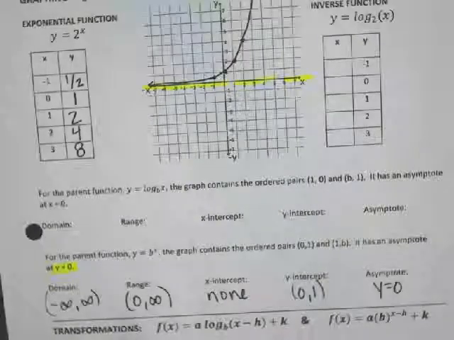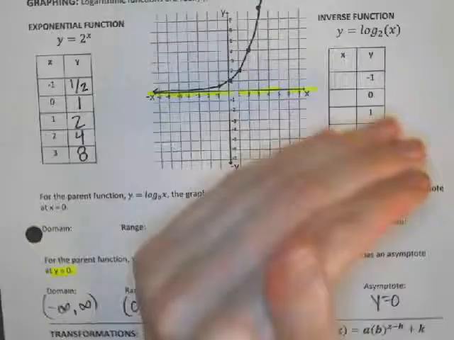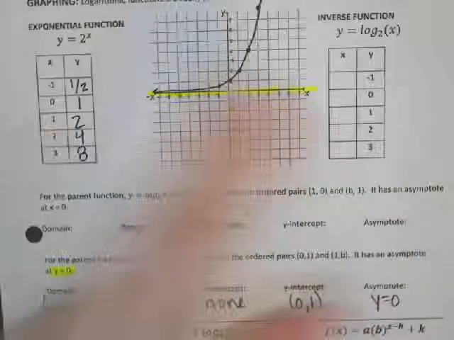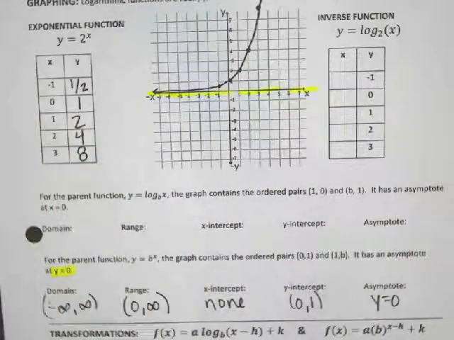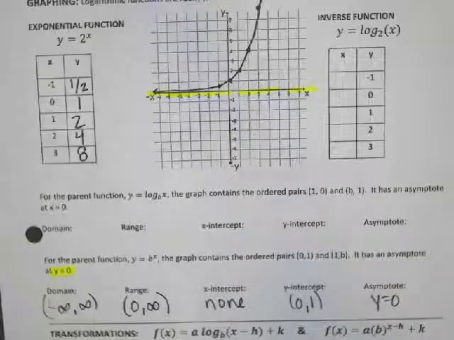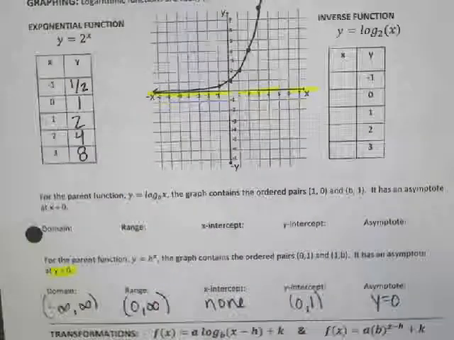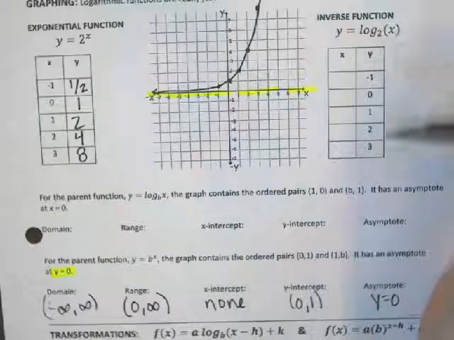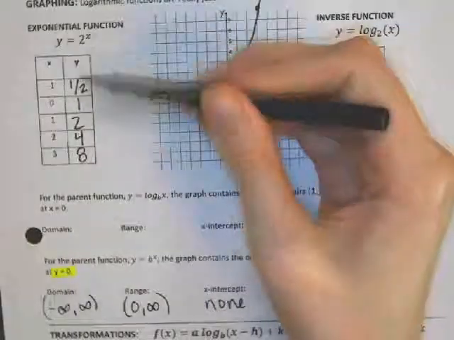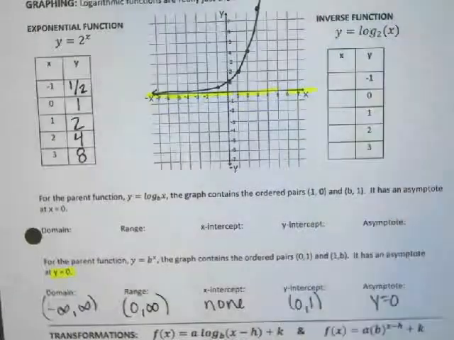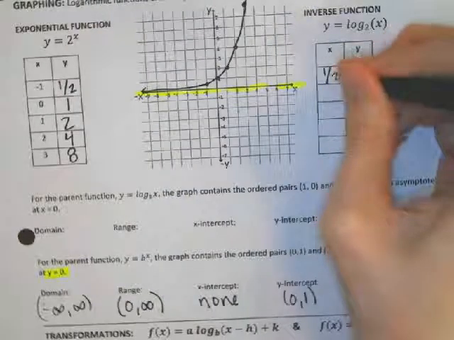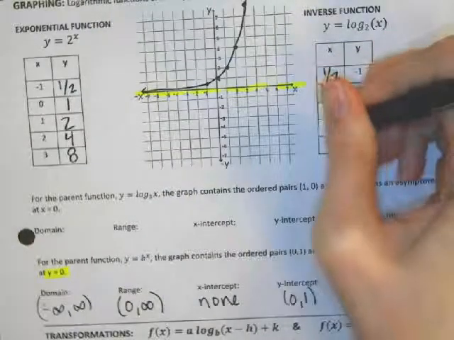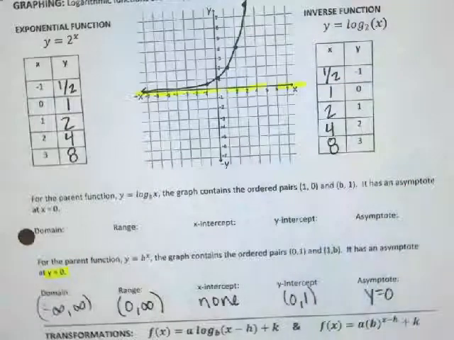Okay, so now let's do the inverse. Now, without plugging it in our calculator, we're going to do the inverse based off the table that we just created. You guys told me earlier that inverse functions interchange their y's with x's. So I took my x's and they became my y's. So then now my y's here are going to become my x's. So let's go fill it in. This should be a half. 1, 2, 4, 8. Now I have a question.